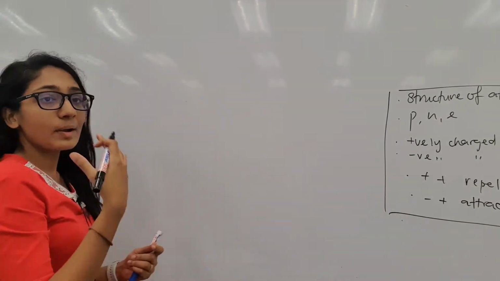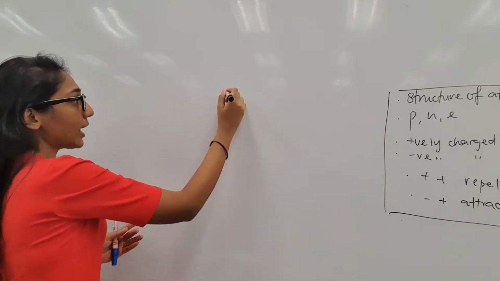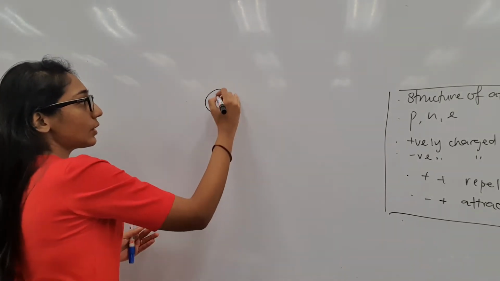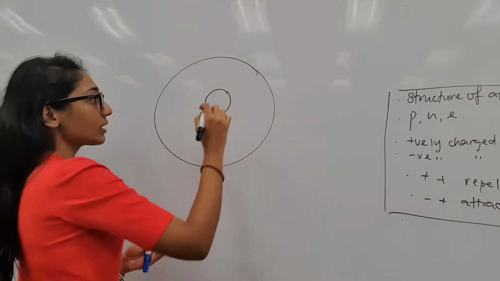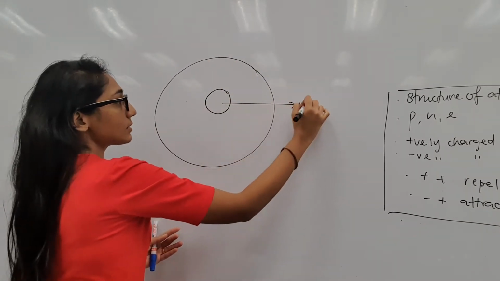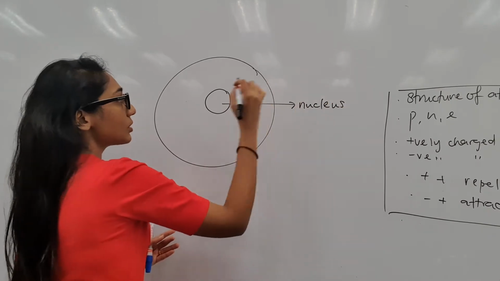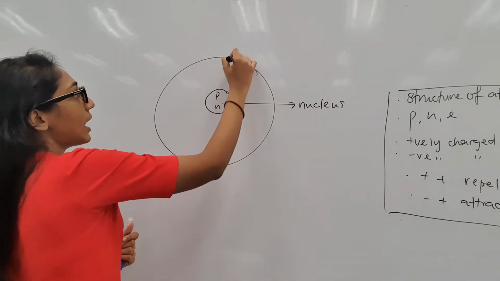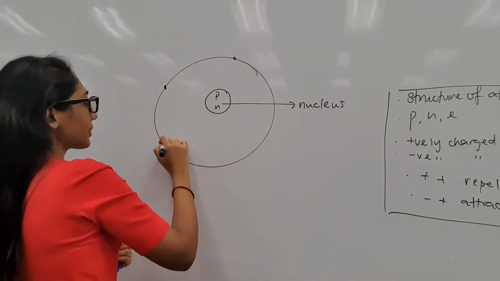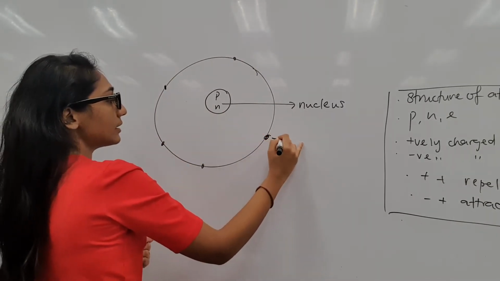So an atom, if I were to represent it in a diagram, I would have a nucleus. Okay, and I would have orbital shells around it. So this is the nucleus, and it contains protons and neutrons. And then outside in the shell are electrons.